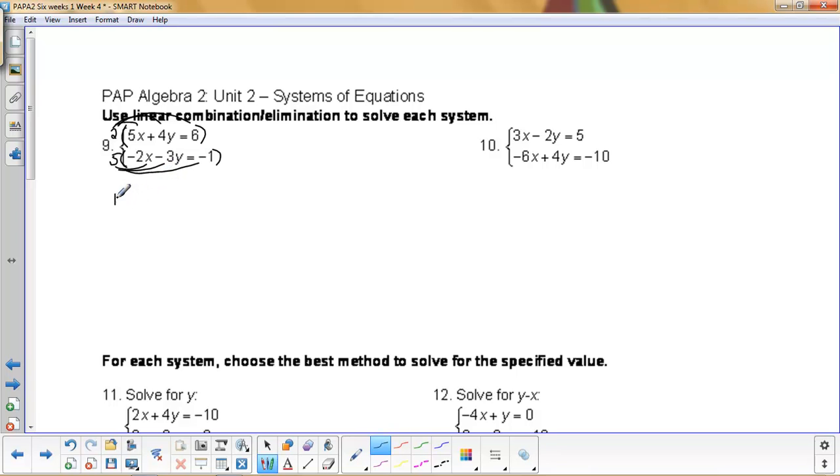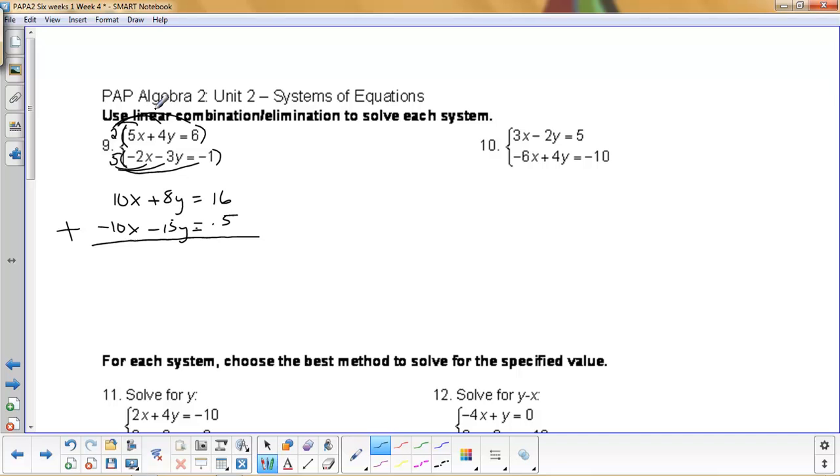And I will get 10x plus 8y equals 12. Likewise, negative 10x minus 15y equals negative 5. Now I will treat this as though it's a very large equation, and I'll put a plus sign, and I'm going to combine these like terms together.